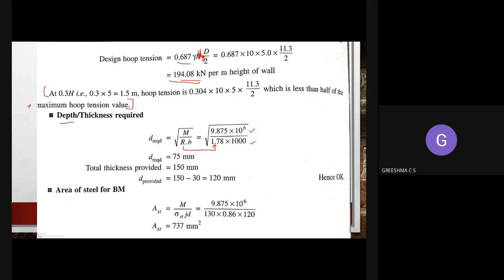Substituting it, you will get the required depth as 75 mm. We have provided a depth of 150 mm, which means we are safe. Our assumption is right.